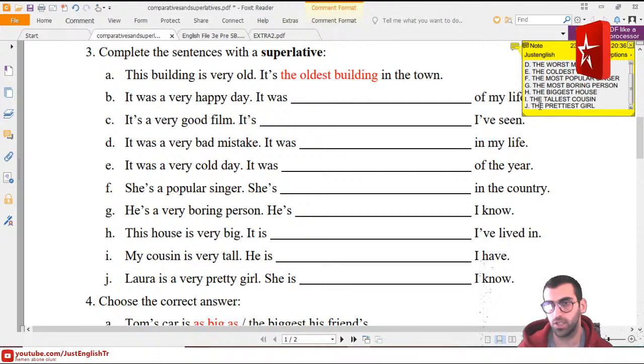If there is any question, I am really ready to answer your questions. If you don't have any question, we can continue with quantifiers. Do you have any question, guys? If you say no, I will continue with quantifiers.